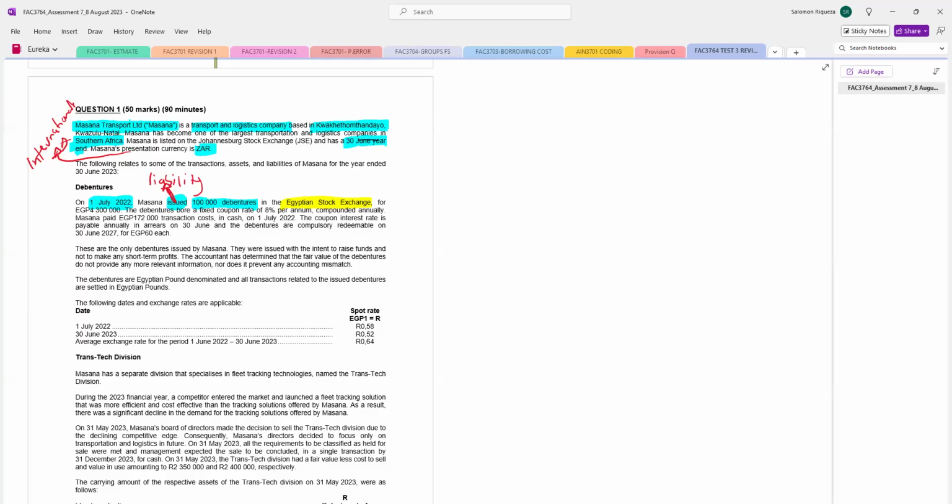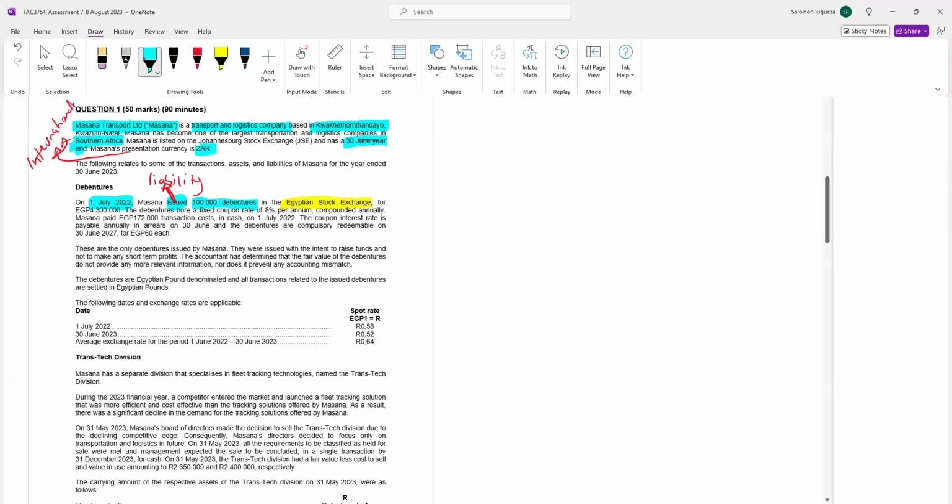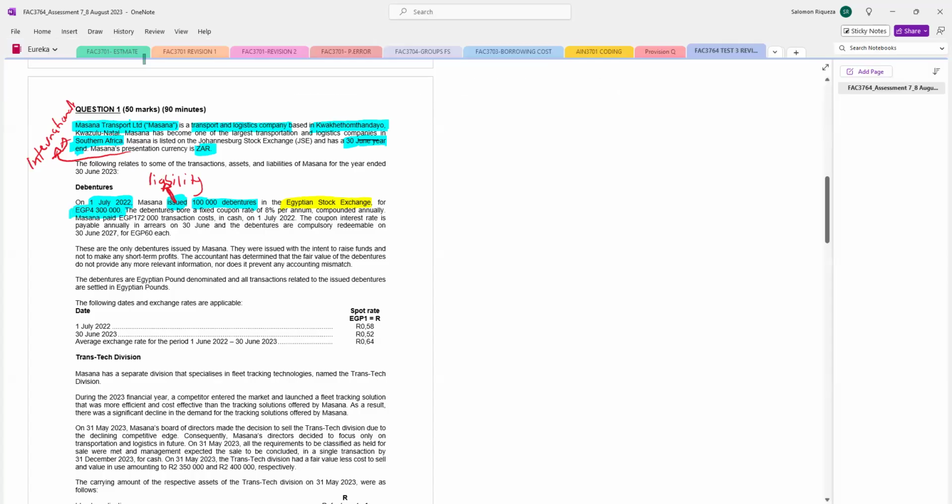So they issued 100,000 debentures on the Egyptian Stock Exchange for 4,300,000 Egyptian pounds. That was the price. The debentures bore a fixed coupon rate, which is what we use for our PMT, of 8% per annum, compounded annually.